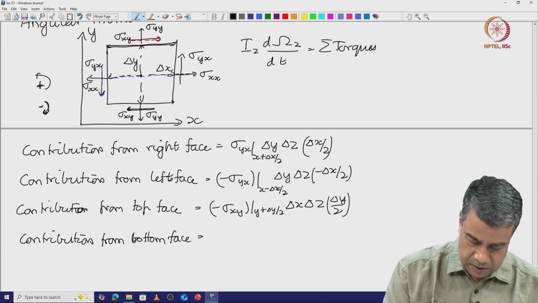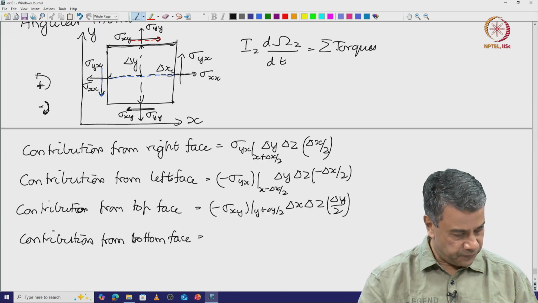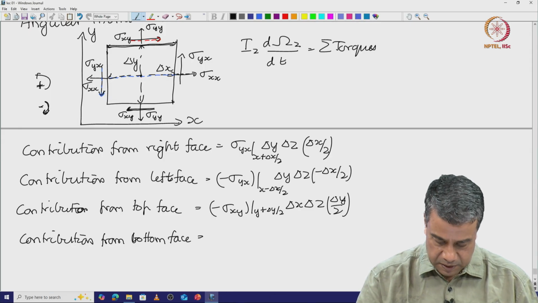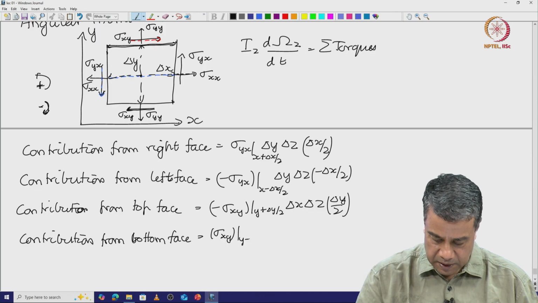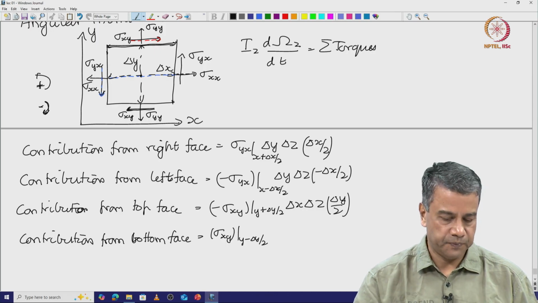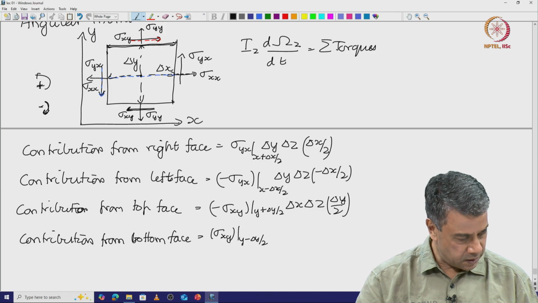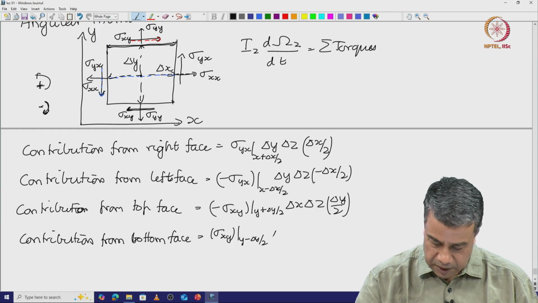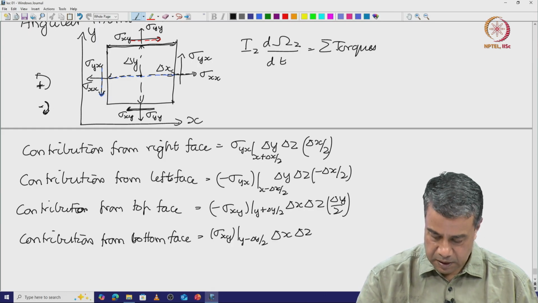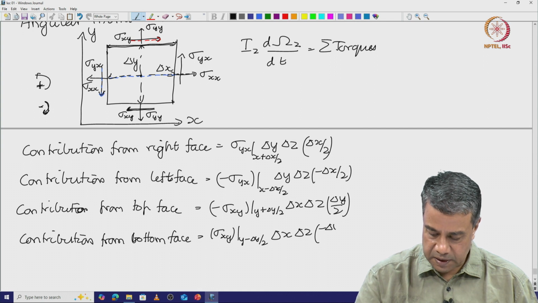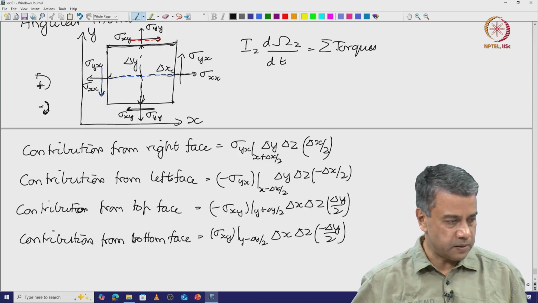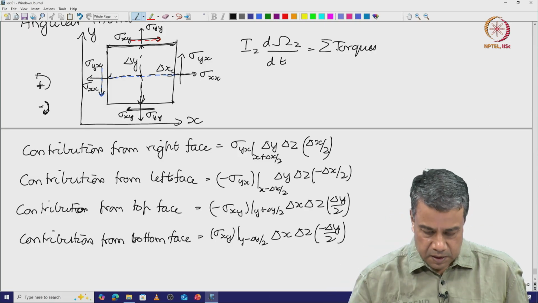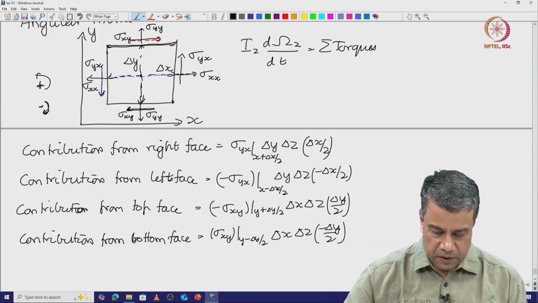So, that is actually sigma xy at y minus delta y by 2, times area delta x delta z, times perpendicular distance, which is minus delta y by 2. So, these are the 4 contributions.